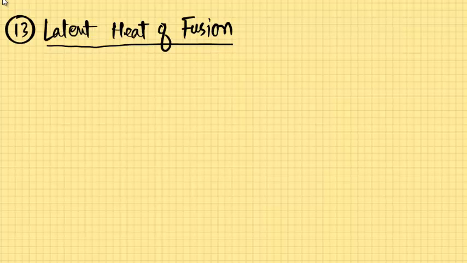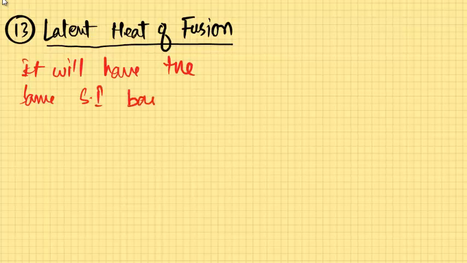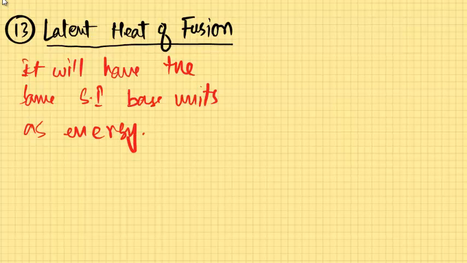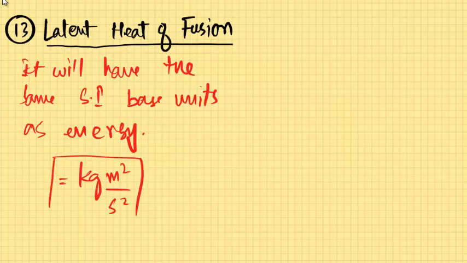So this latent heat of fusion will have the same SI base unit as energy. So if latent heat of fusion is usually LF, whatever is the symbol, its base unit is again going to be kilogram meter square per second square, which is the SI base unit of energy.